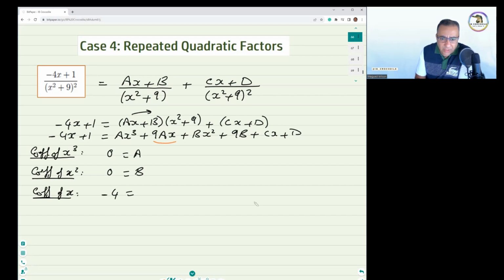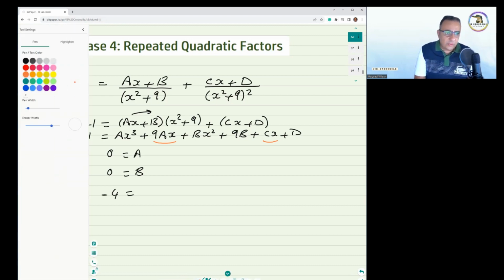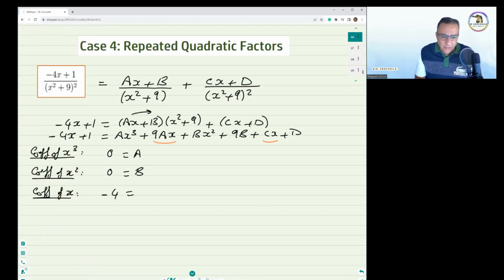You have 9ax, and we also have cx. If you take x as a common factor between these two terms, you end up with 9a plus c, right? So the coefficient of x on the right-hand side is 9a plus c. But since we got a equal to 0 anyway, this term is gone. That implies c has to be negative 4.